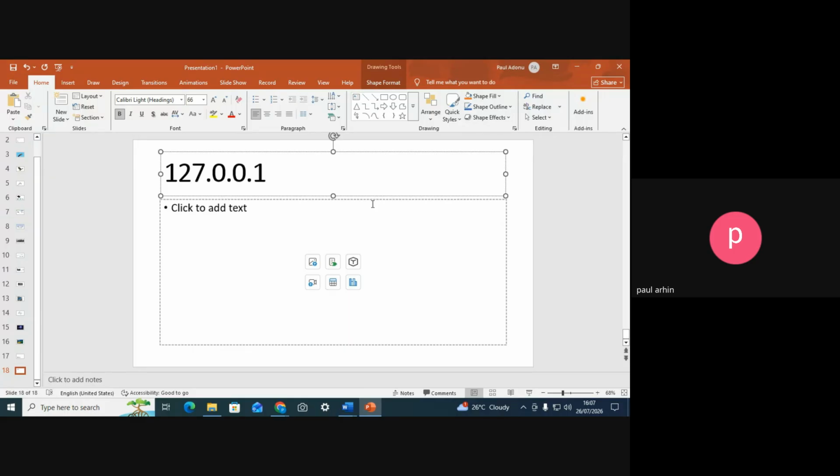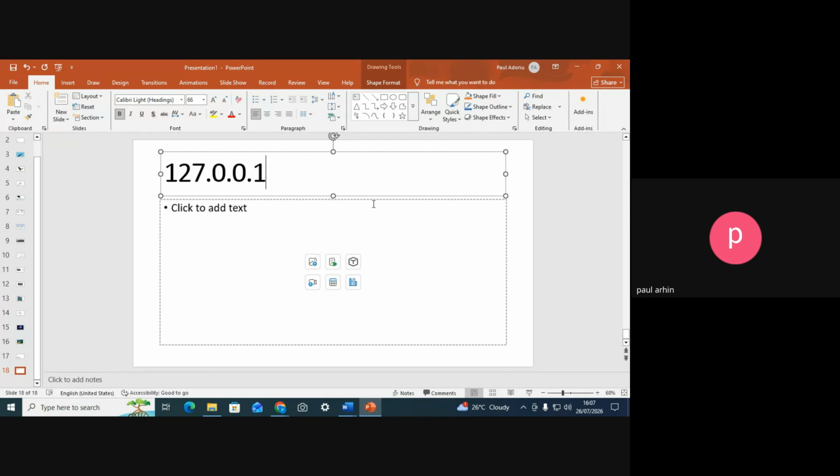I use it for loopback testing. If there's a response after a test, it means my network stack is working. That is to say, I am testing my network interface card.